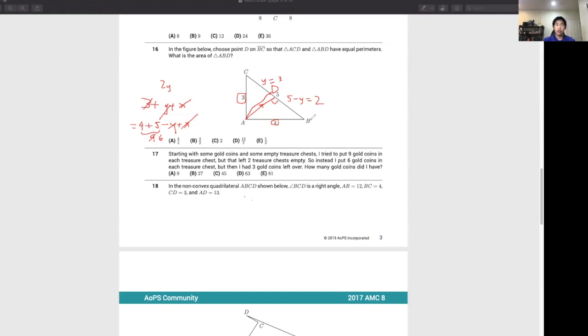So the area of ABC, the total, is 3 times 4 divided by 2, which is 6. That's our total. And then what we're going to do is consider that BD, which is 2, is 2/5 of the entire base. So if we do 6 times 2/5, we get 12/5, and that's the area of ABD. And there's our answer, D.